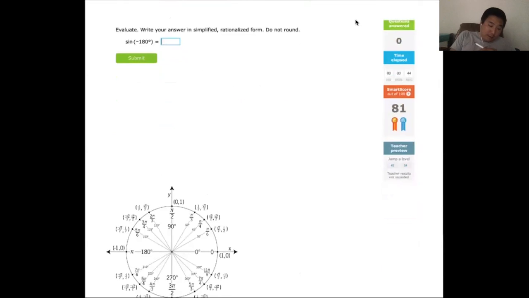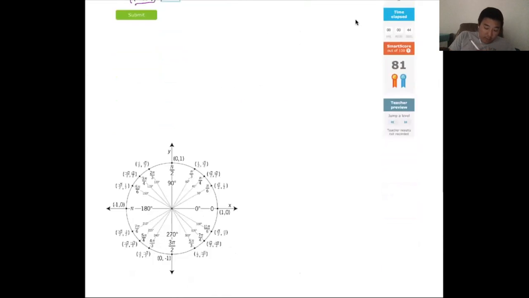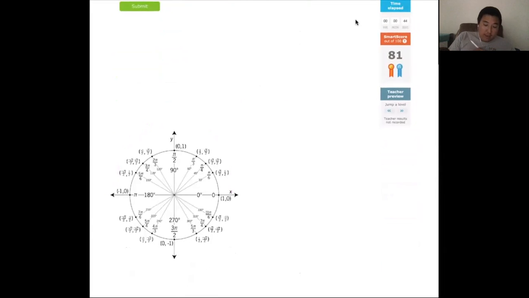Sine of -180. Here it gets a little bit tricky. This is going in the positive direction, so for the negative direction, remember, this is 360.